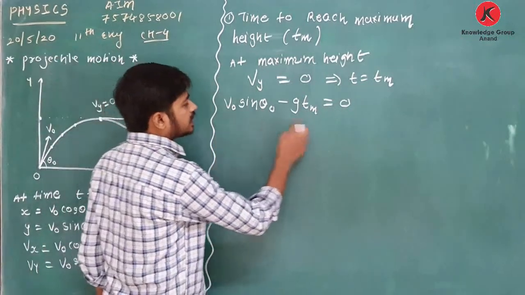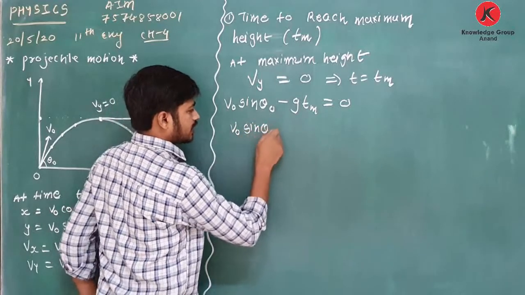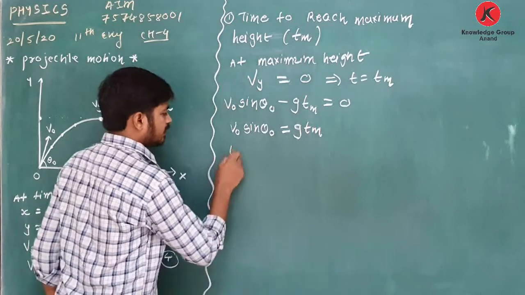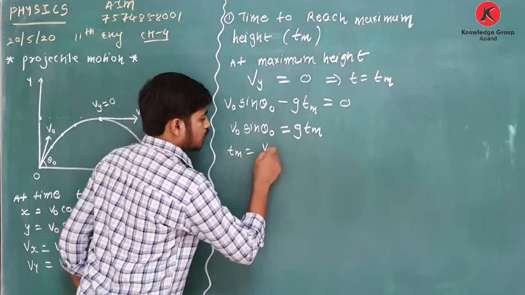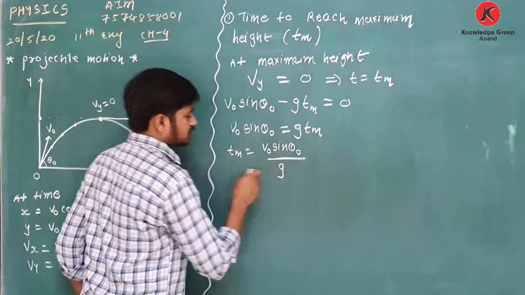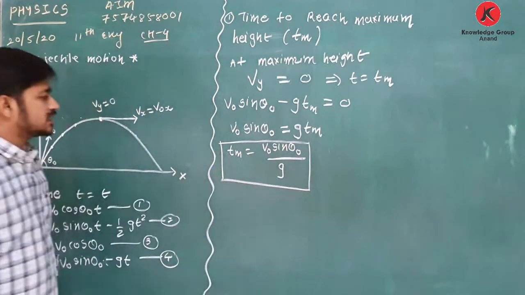So V0 sin theta 0 is equal to g Tm. Make Tm the subject, then Tm is equal to V0 sin theta 0 upon g. This is the equation of time to reach maximum height.